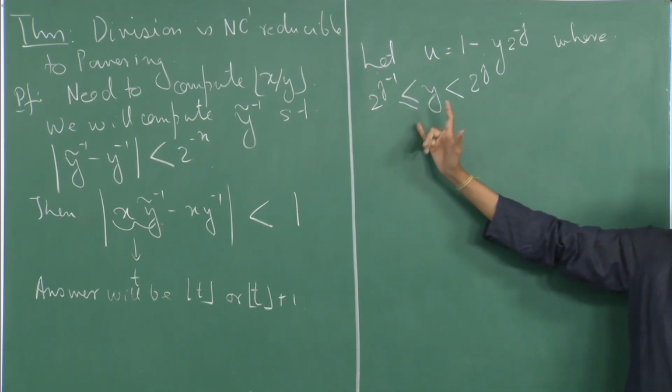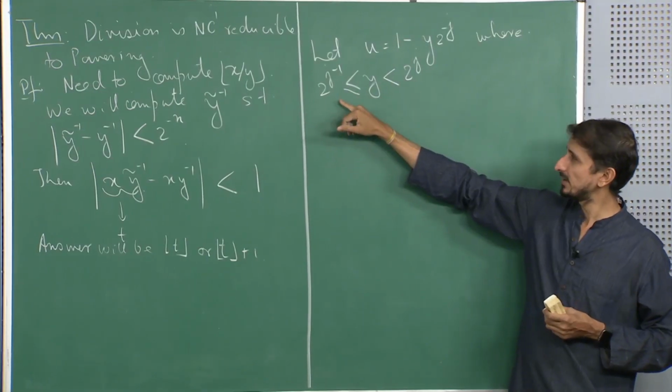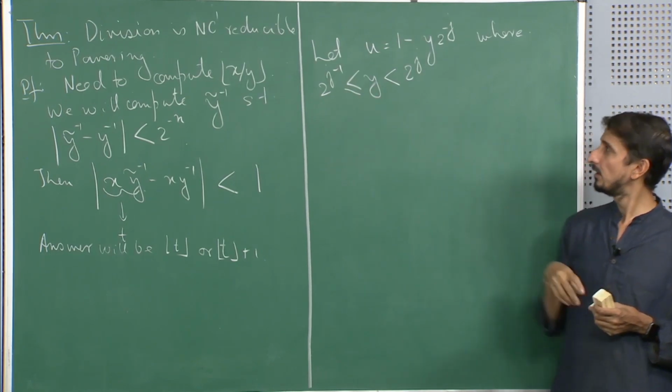So, any number lies between two consecutive powers of 2. So, I just find that quantity for y.